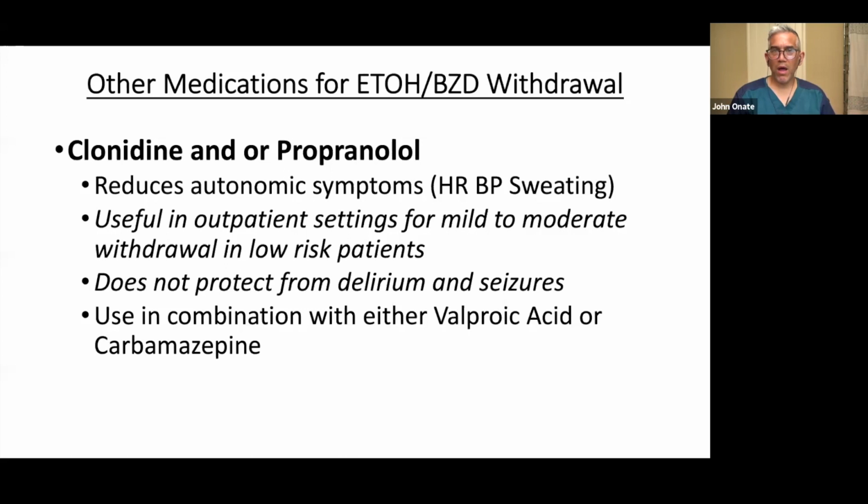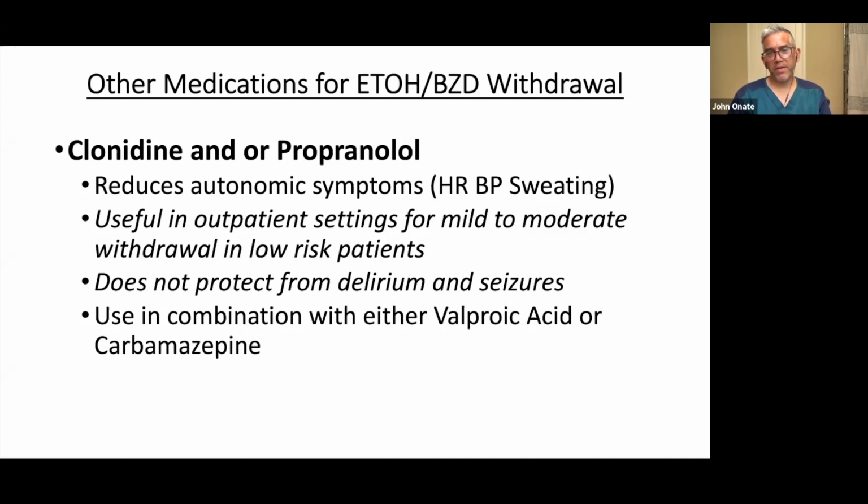Try to use non-benzodiazepine agents, because there is some data that if you treat an alcohol or benzodiazepine withdrawal with something other than a benzodiazepine, they're more likely to be sober 6 months down the line.